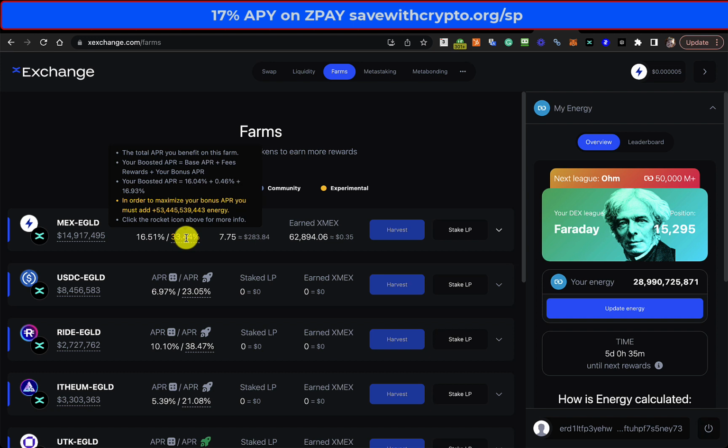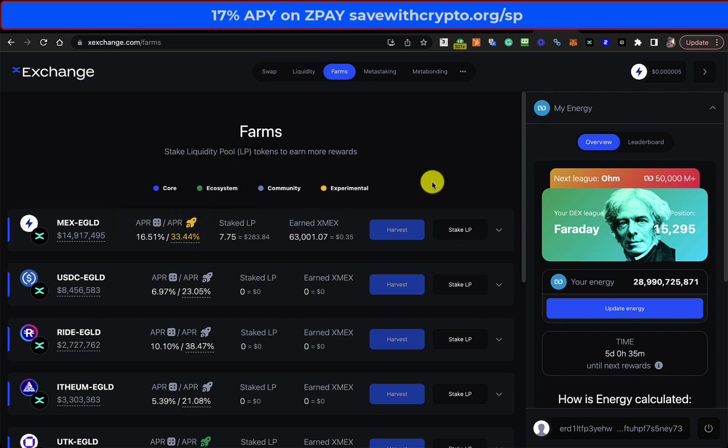And then I should have enough energy, shouldn't I? Yeah, sorry, this isn't as well thought out as it could be, but I guess if I do it and you decide you want to do it, then you can see where I went wrong and what I did. So I'm probably going to convert about $200 worth of ZoidPay into XMEX.